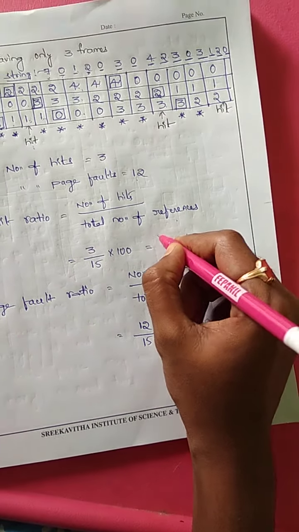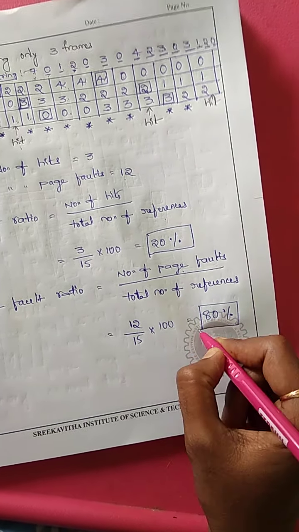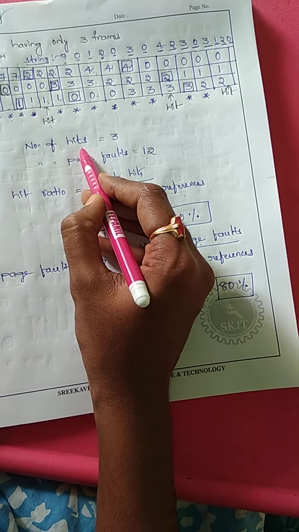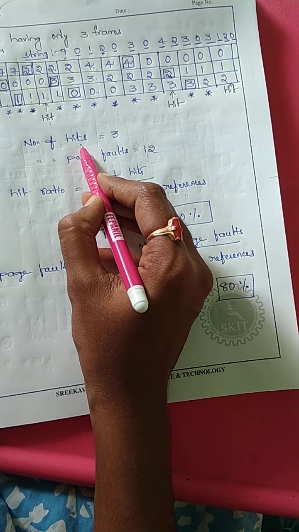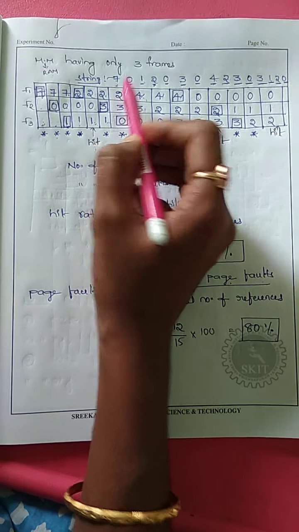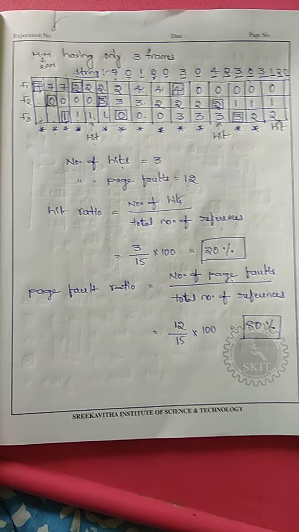Means the hit ratio will be 20 but the page fault ratio will be 80. So the number of page faults and number of page hits depend purely upon the reference string. So this is about the first in first out algorithm.